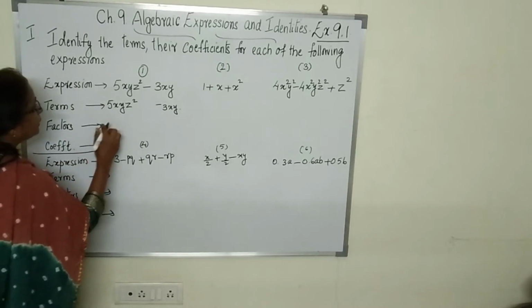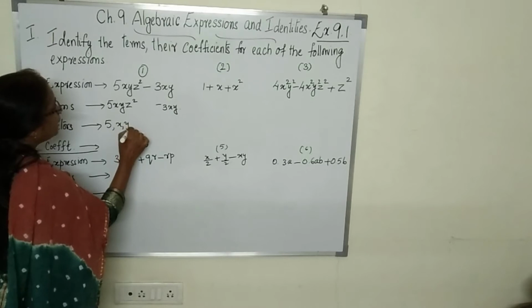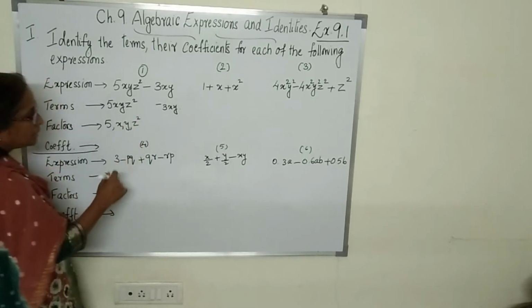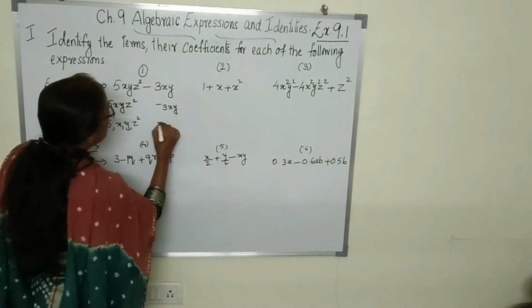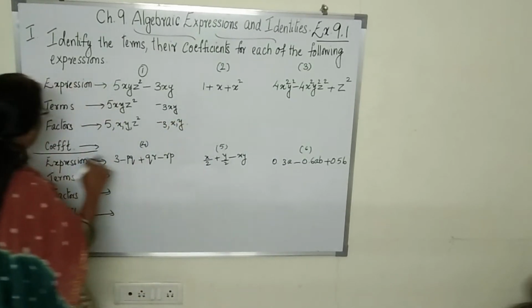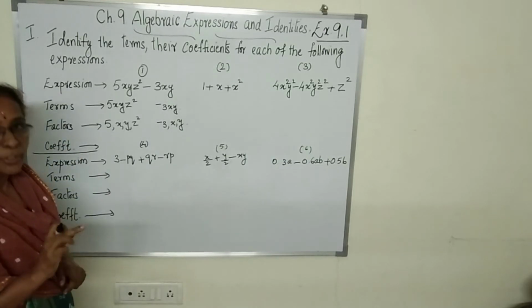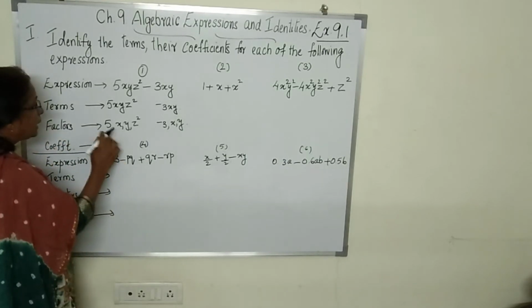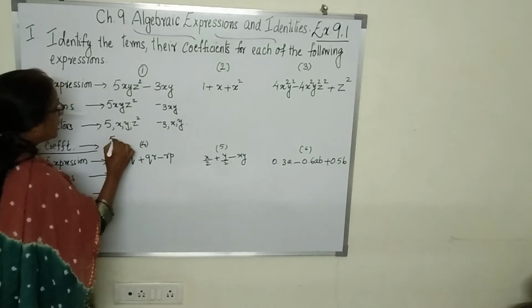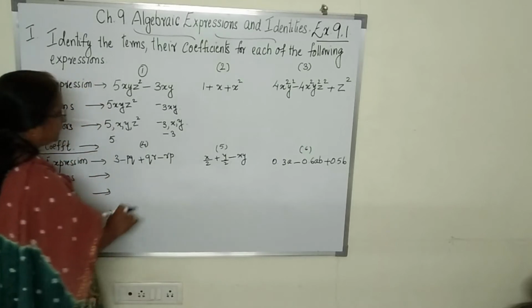Now what are the factors? 5, x, y, z square. And here the factors are minus 3, x and y. Now here you have to write the coefficient. Here coefficient means numerical coefficient. So what is the numerical coefficient here? Here it is 5 and here it is minus 3.